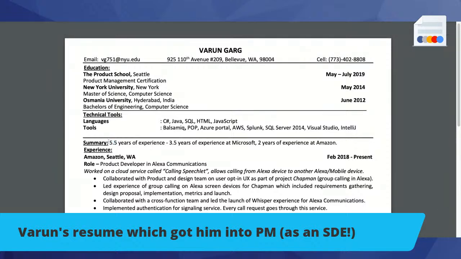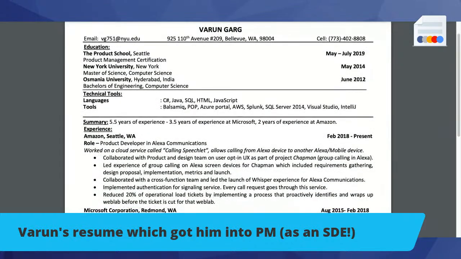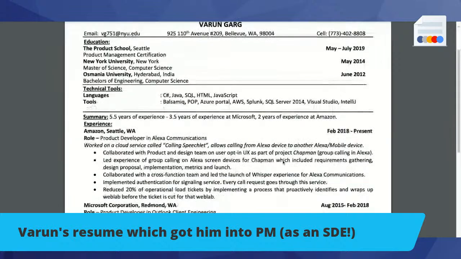Writing it here gives them straight fact data, so they need not calculate how many years it boils down to. Just make it clear: I have this many years of experience, with this breakdown across your companies.